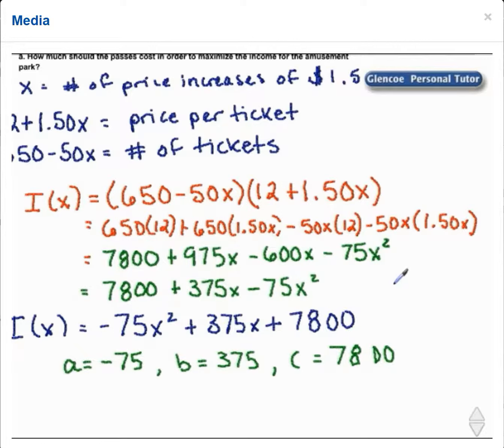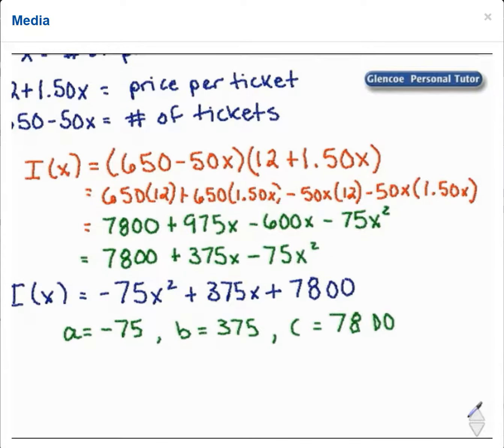Now, what we need to determine is how many times, again, she can increase the price by $1.50. So we need to go ahead and find the x-coordinate of the vertex of this quadratic function. If you recall, the formula to do that is x equals negative b divided by 2a.